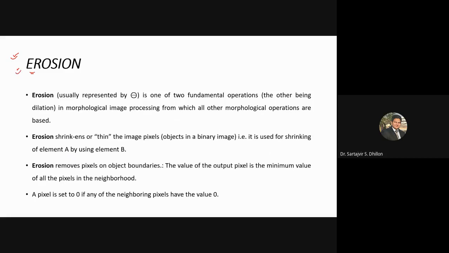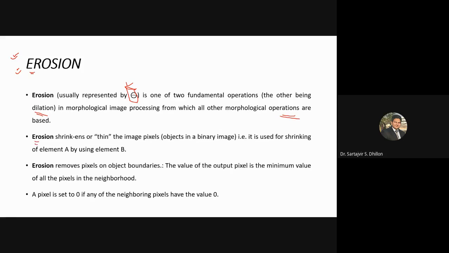Erosion is usually represented by this symbol, and it is one of the two fundamental operations, the other one being dilation, in morphological image processing, from which all other morphological operations are based. We will discuss all other morphological operations in this chapter.